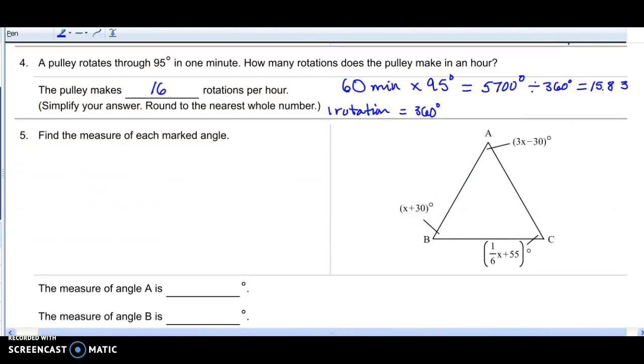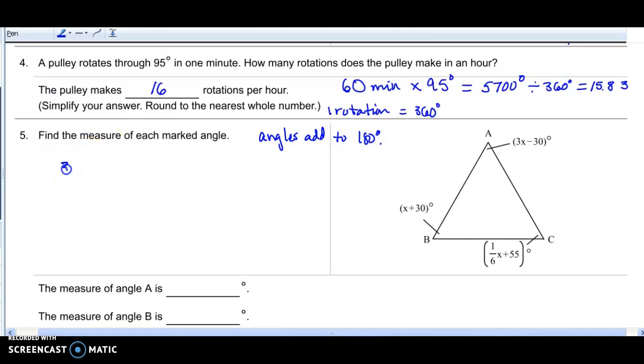Got a triangle? We want to find the measures of the angles in a triangle, so we have to start with the basic knowledge that the angles in a triangle add up to 180 degrees. So what are my three angles?